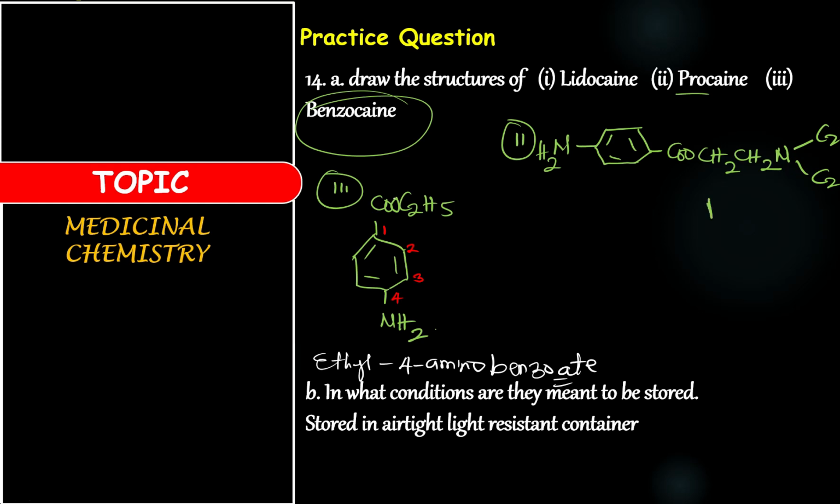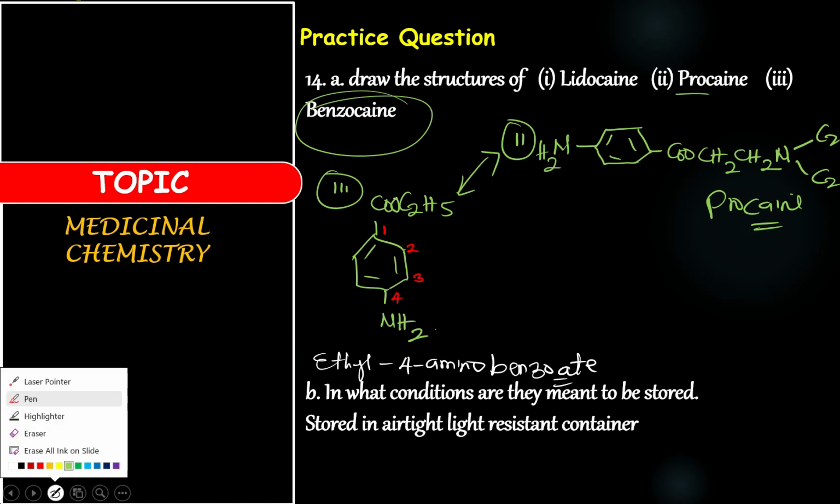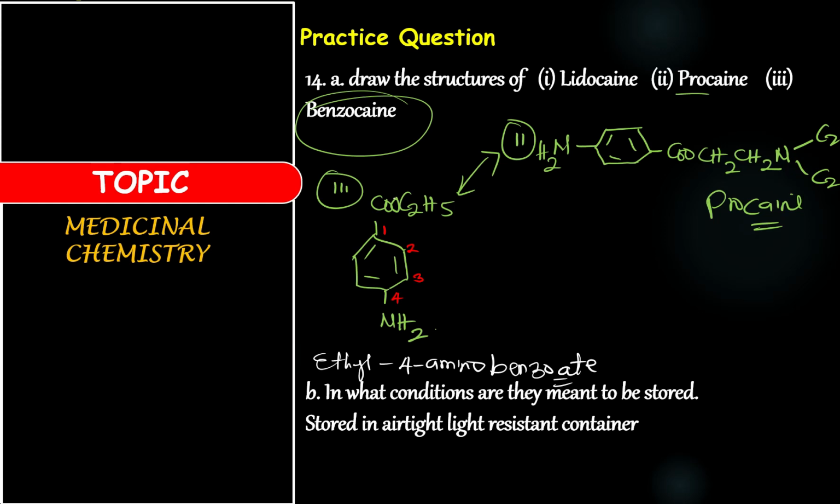Alright, let me try and draw lidocaine. You see these two here, they are ester derivatives. However, lidocaine is an amine derivative. Is that okay? So lidocaine is different entirely.